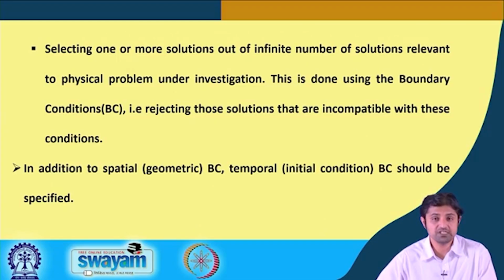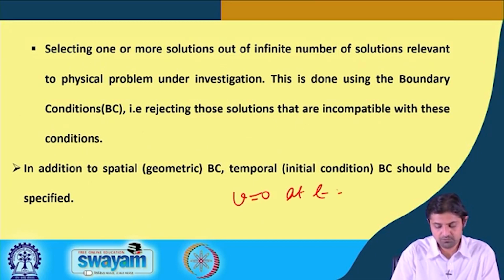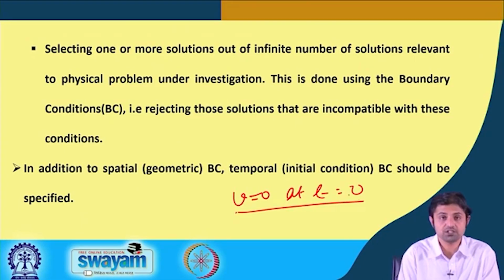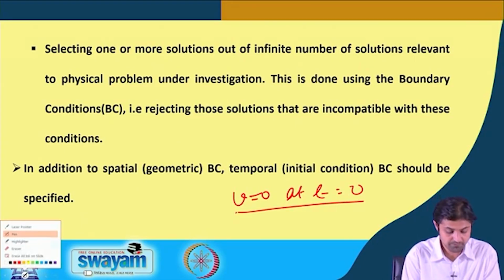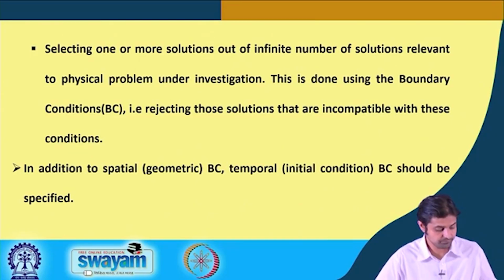So for example, we say at time t equal to 0, the entire fluid was at rest. This means that v is equal to 0 at t equal to 0 becomes our initial condition, all right, and this should also be specified.